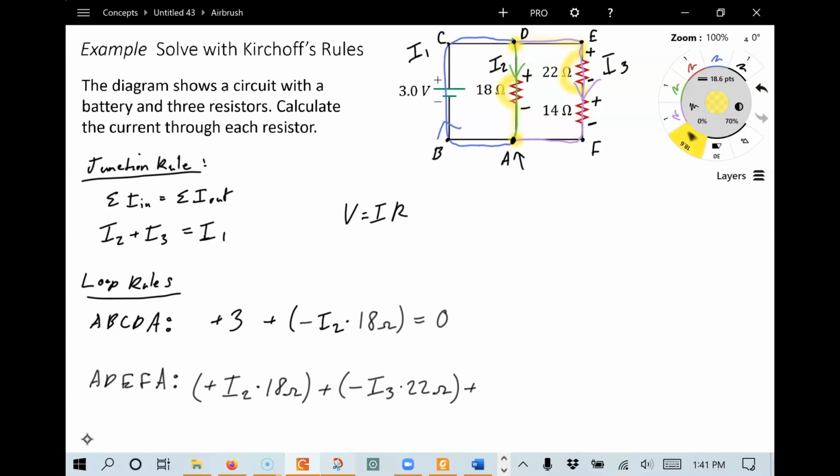Plus, as we go along here, we come to another resistor, got to go down again. Be a negative I3, it's the purple one again, times 14 ohms, and we are back to A. So this is all equal to 0.